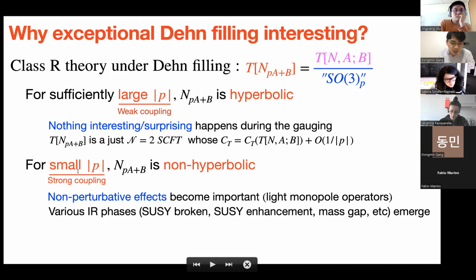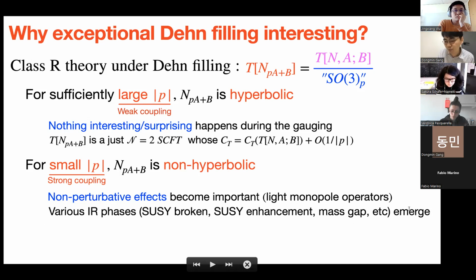And the small P cases correspond to strong coupling in gauging, and geometrically this could be non-hyperbolic. In the small P cases, we expect that various non-perturbative effects become important, such as light monopole operators appearing, and so we expect various IR phases. In some cases supersymmetry is spontaneously broken, supersymmetry can be enhanced, or some cases have mass generation.